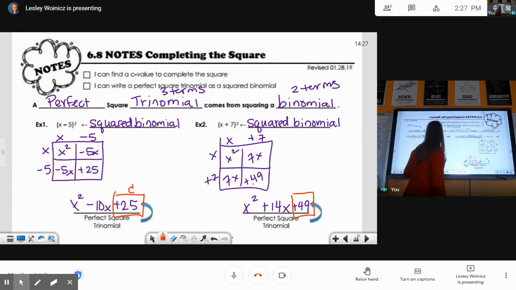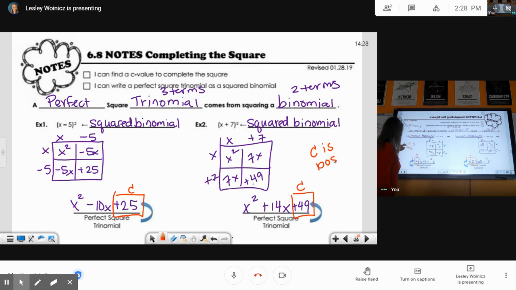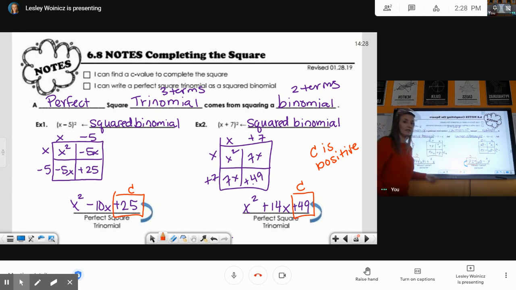That's a C, that's a C. Look at those C's. Notice that both of those C's are perfect squares and they are both positive. C is positive in a perfect square trinomial. That's because we have a positive times a positive making a positive, or a negative times a negative making a positive. Right? Because the signs match.